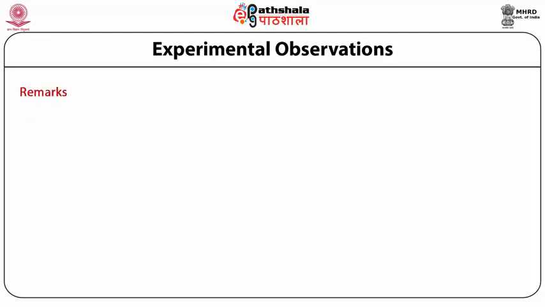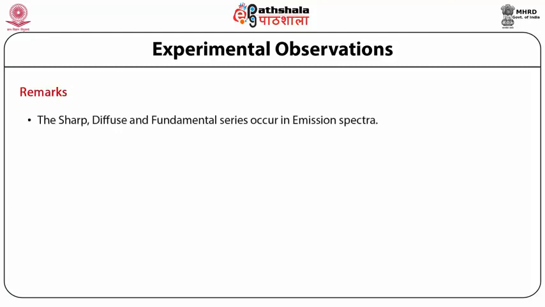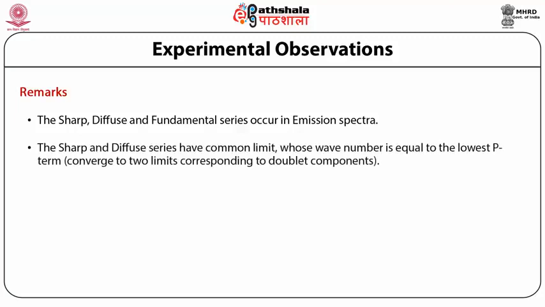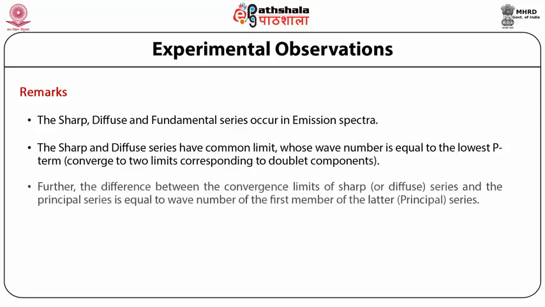One can understand that the sharp, diffuse and fundamental series occur in emission spectra. The sharp and diffuse series have a common limit whose wave number is equal to the lowest p term, which converges to two limits corresponding to the doublet components. The difference between the convergence limits of the sharp or diffuse series and the principal series is equal to the wave number of the first member of the latter, the principal series, and this is referred to as the Rydberg-Ritz law.